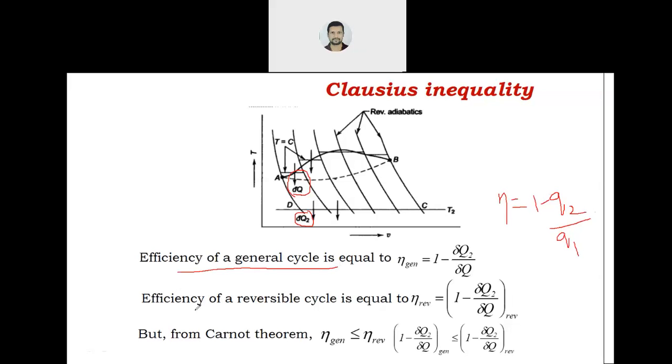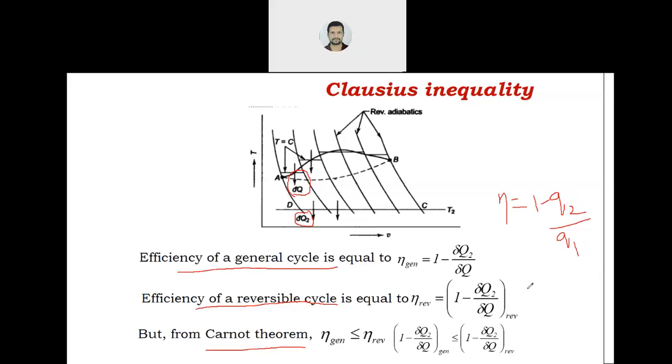Now coming to the reversible cycle. A reversible cycle, you know, gives the maximum efficiency. So for the reversible cycle, just represent it by REV, reversible. Now from the Carnot theorem corollaries, you know, a reversible cycle has efficiency greater than any other cycle.